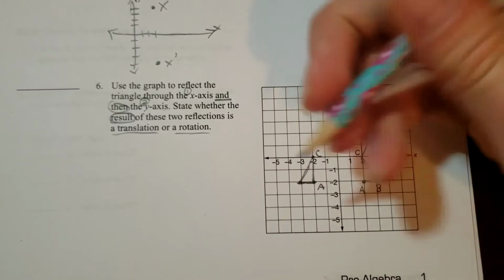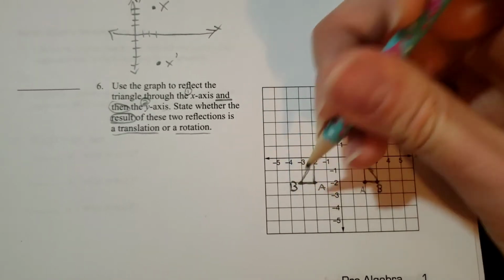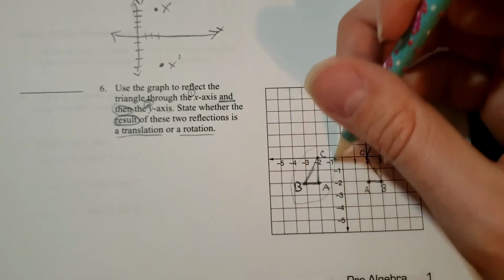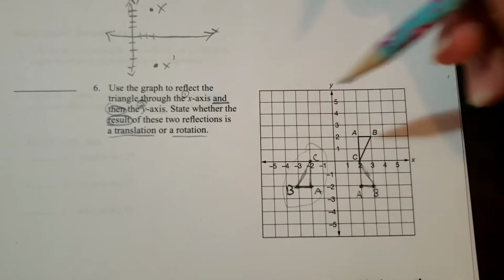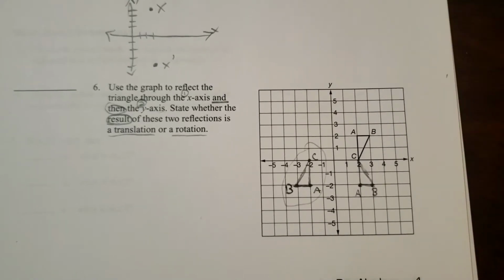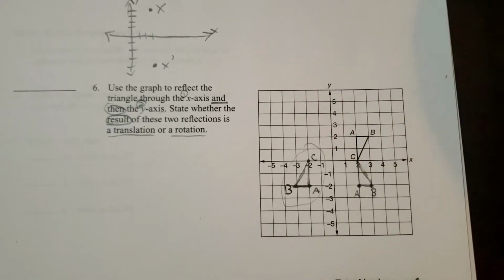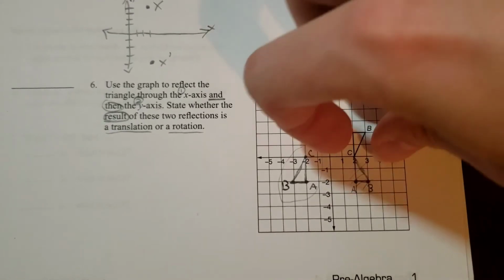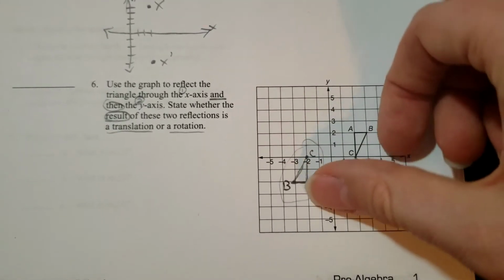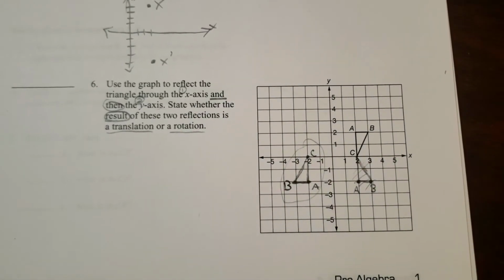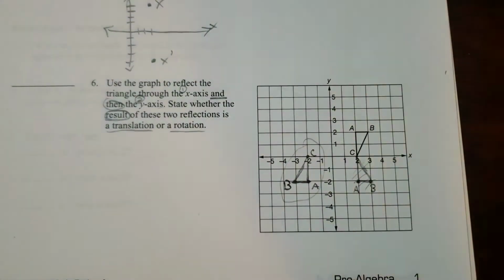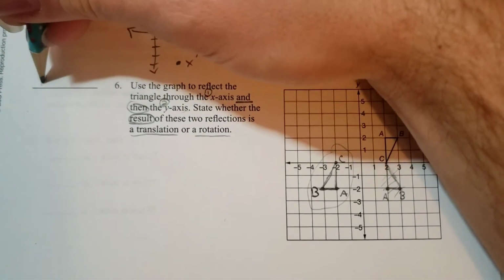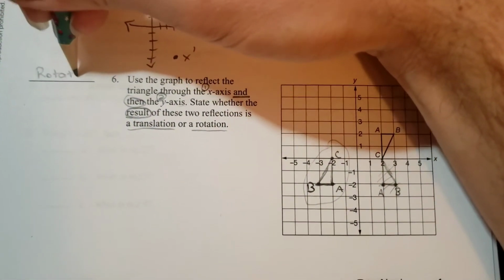Okay, so this is our final reflection. And it does look like a rotation because this first one, this original, twists around to meet it like so. So I would say this is a rotation.